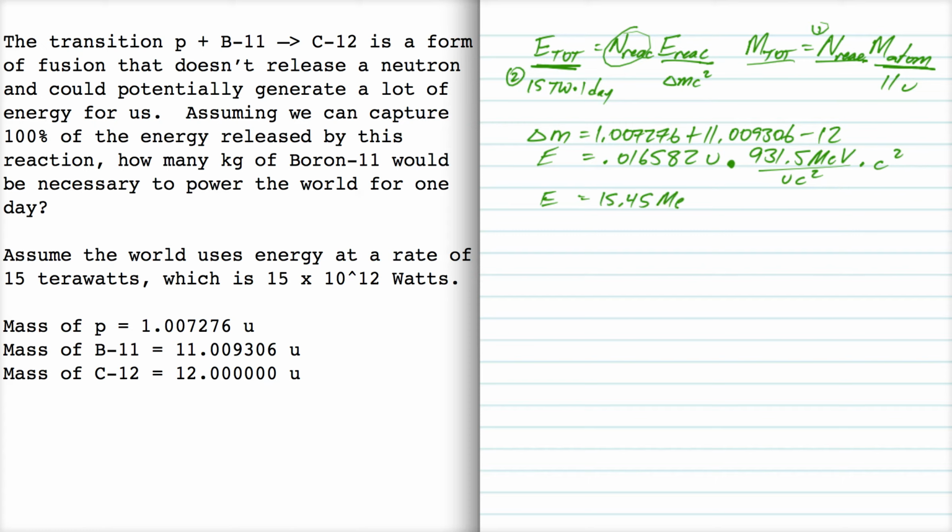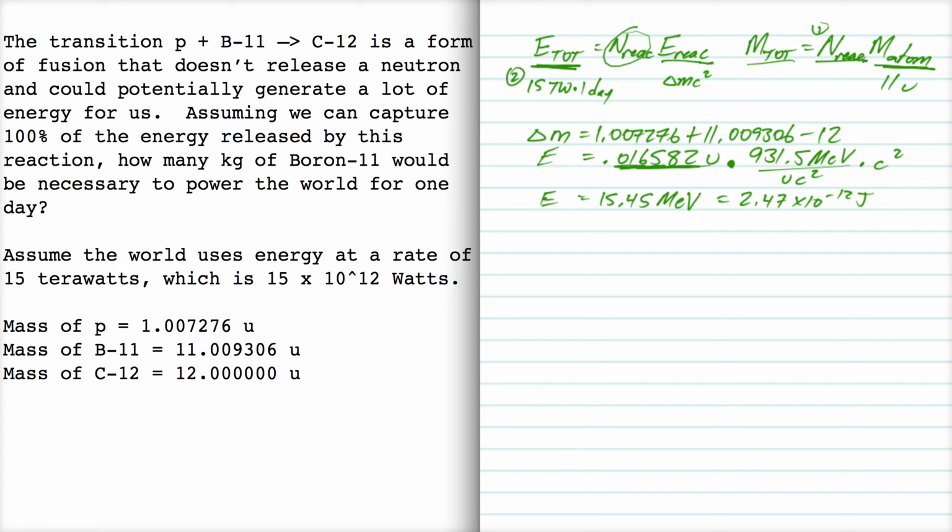I get an energy of 15.45 MeV. Now again, if you wanted to, we could convert this into kilograms and multiply by c squared and get joules. This is 2.47 times 10 to the minus 12 joules.